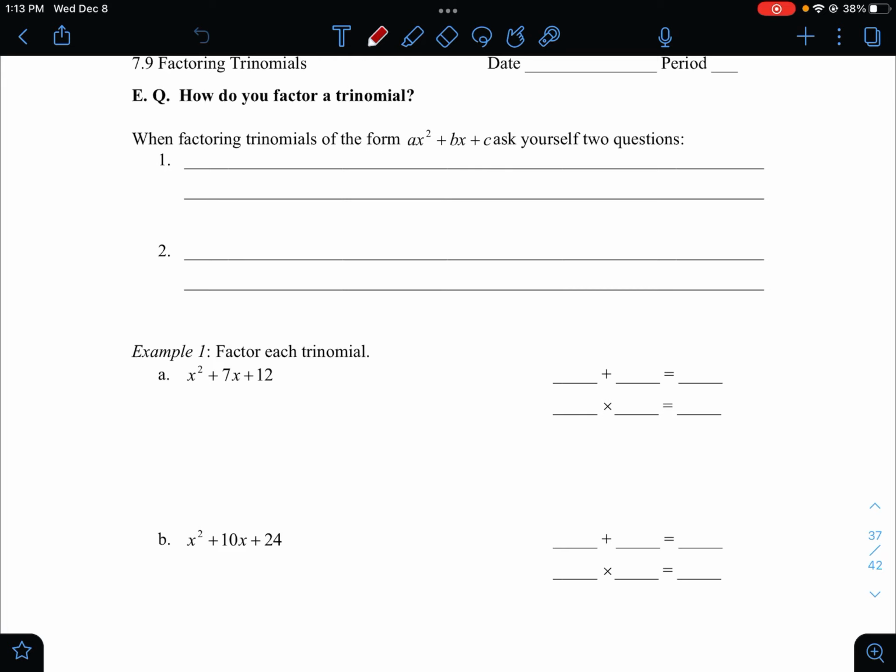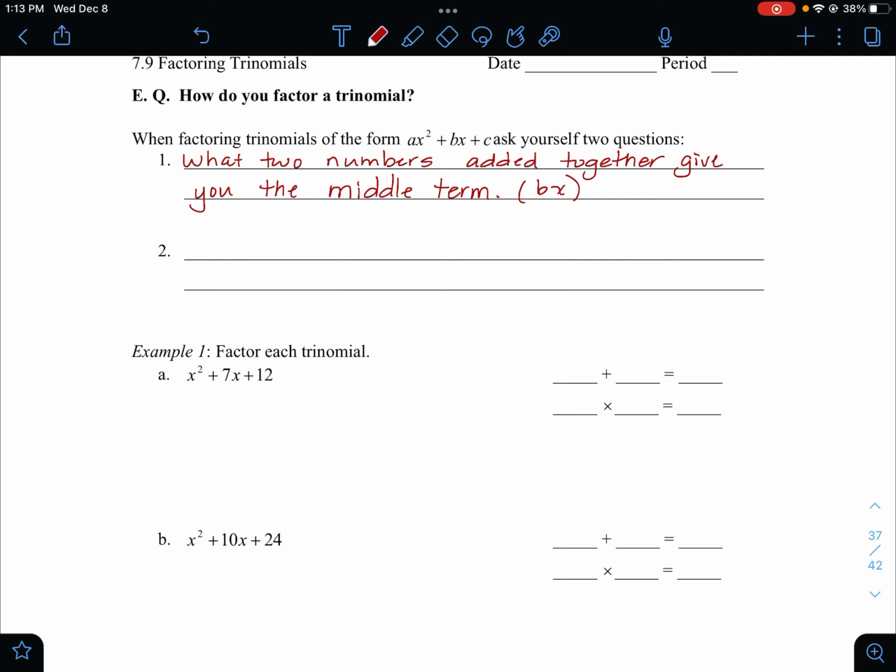The first question you say is, what two numbers added together give you the middle term? Okay, so your bx term. And really, we just want the b.